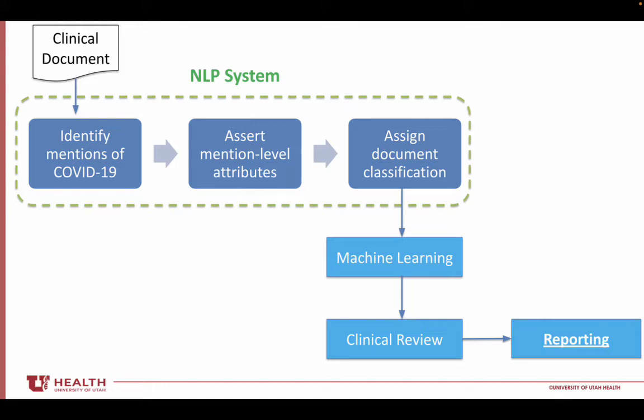I'll talk more about details and give some examples of this later. What we ultimately want is a document classification of whether or not they're positive or negative for COVID. Then we do a little extra work, like machine learning and clinical review, so that we have high probability cases and know that what we're putting in is accurate. And then that goes into our surveillance reporting system.